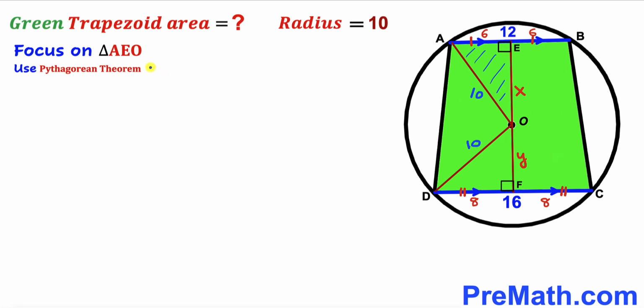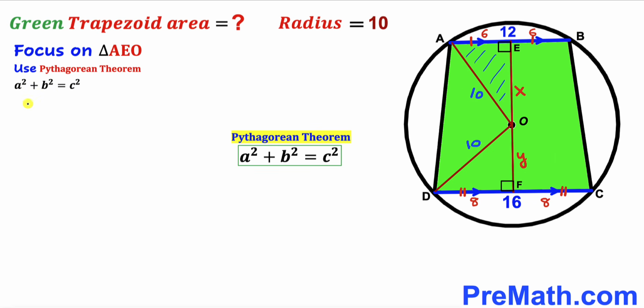We are going to apply the Pythagorean theorem on this triangle to solve for x. Here's our Pythagorean theorem: a squared plus b squared equals c squared. In our case, our hypotenuse is 10, whereas our two other legs are x and 6.